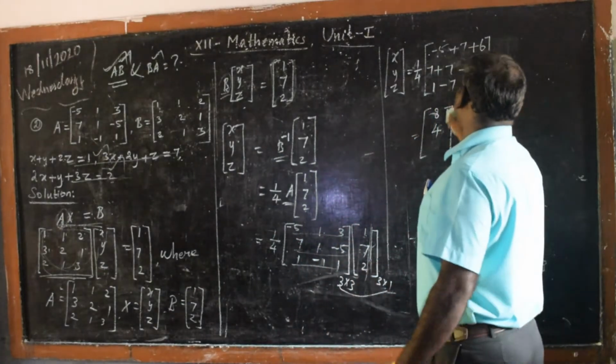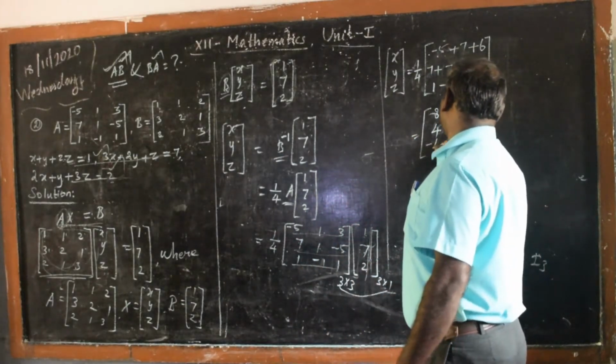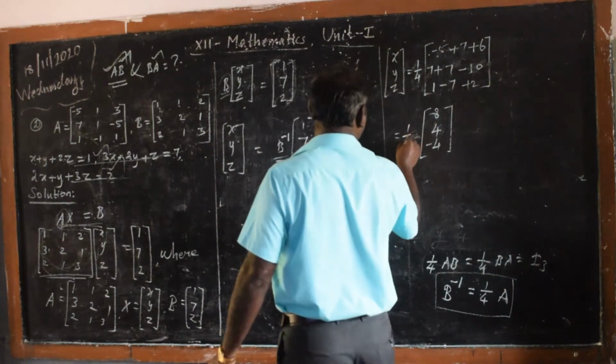Last row: 1 minus 7 plus 2, minus 4. So 1 by 4 into this value.